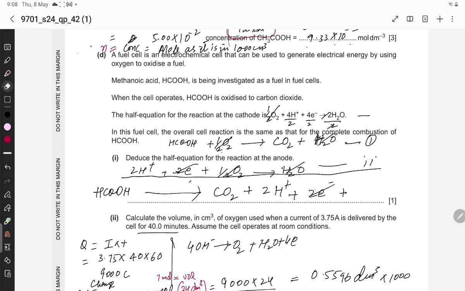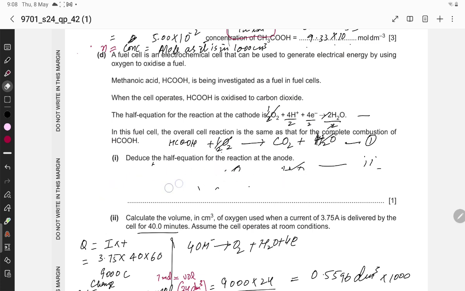So the half equation for the reaction is, this is equation 1 and this is equation 2.